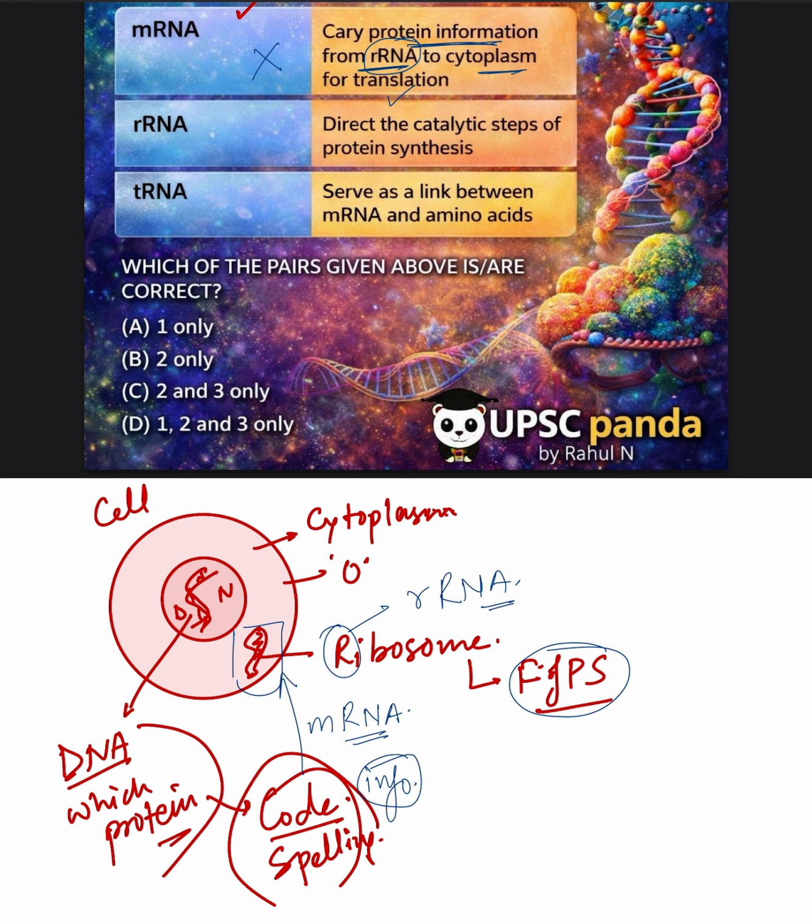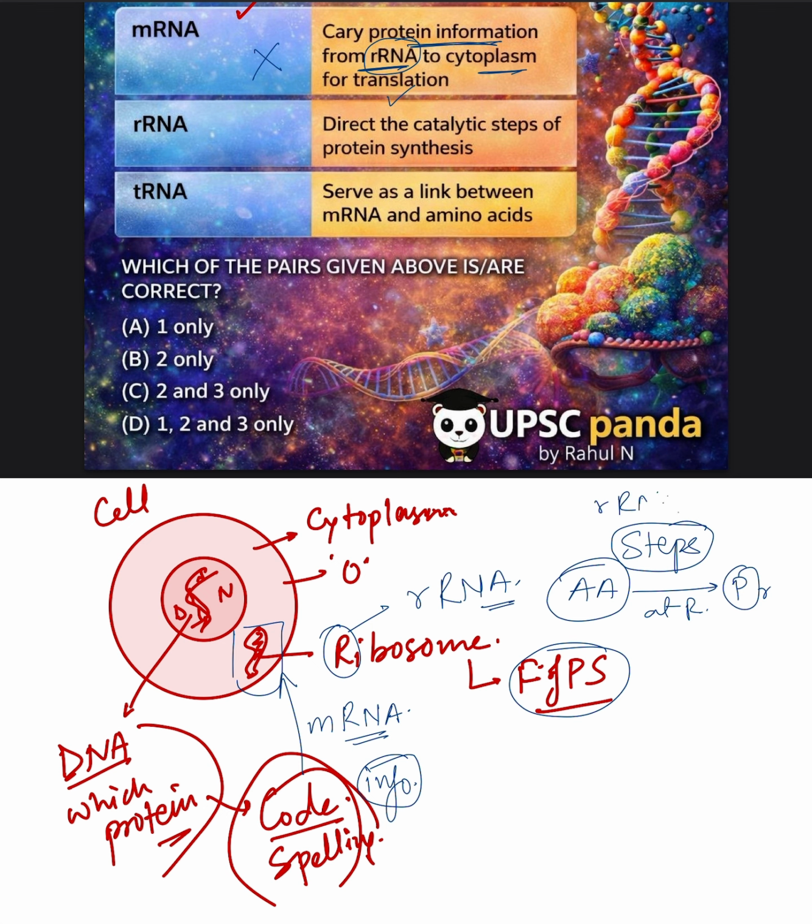This ribosome में जो direct catalytic steps होते हैं जिससे protein बनेगा, so direct catalytic steps for protein synthesis, means what steps you will take to convert amino acid into protein at the ribosome, are given by rRNA.